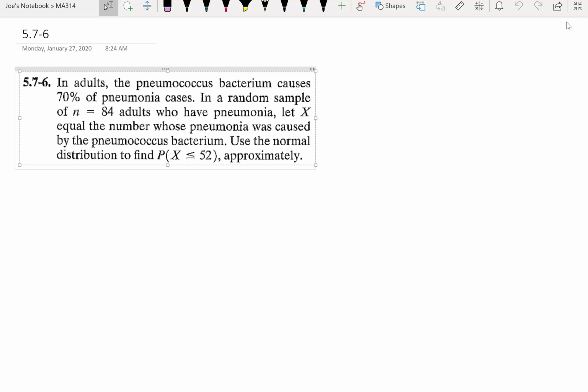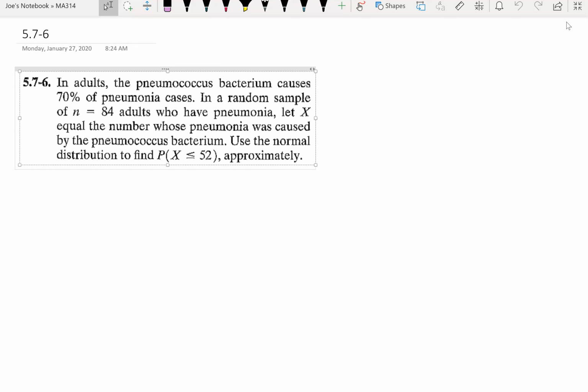And so 70% of the cases of pneumonia are caused by that particular bacteria, but we know that each individual adult has a 70% chance of having the pneumonia being caused by that particular bacterium, right? And then we've got 84 adults that were randomly sampled.